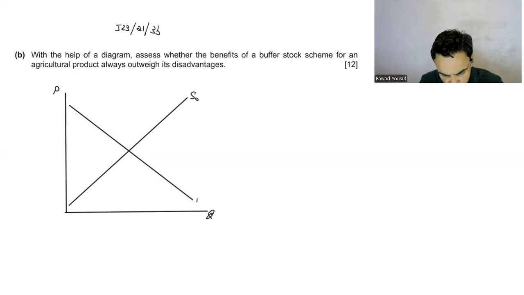Okay, we have a demand and a supply diagram where we have an equilibrium price and quantity.